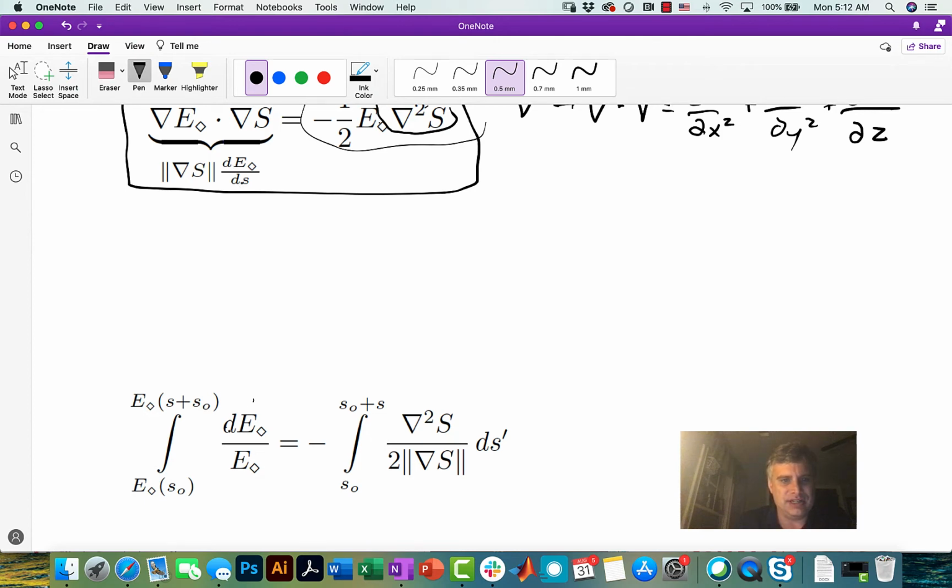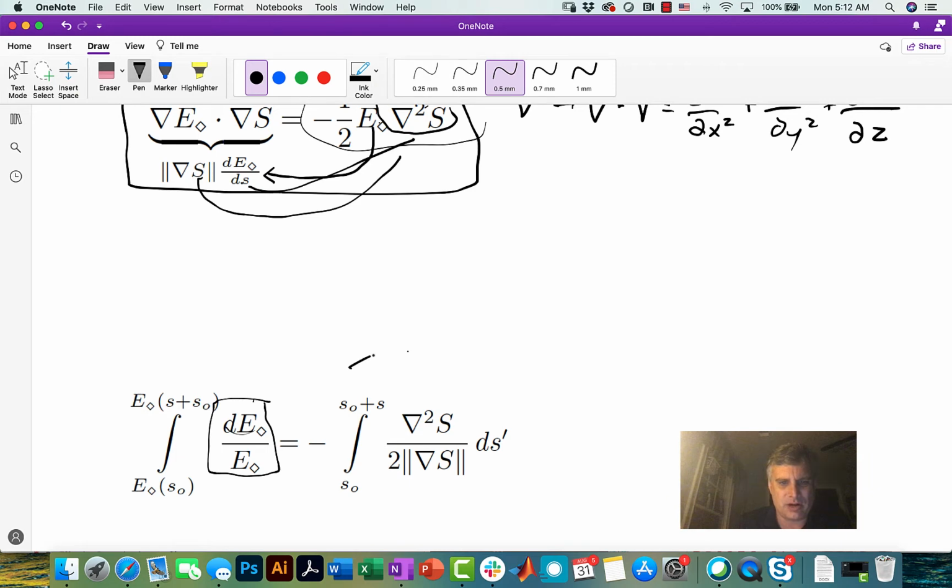We're going to leave the dE over here and take this and divide it into there. So that gives us this term here, the derivative of E, dE over E. Here, we're going to take the rest of the eikonal magnitude of the gradient and ds and put it over here.